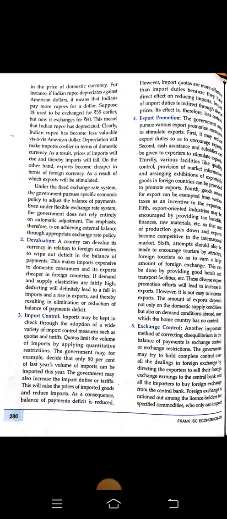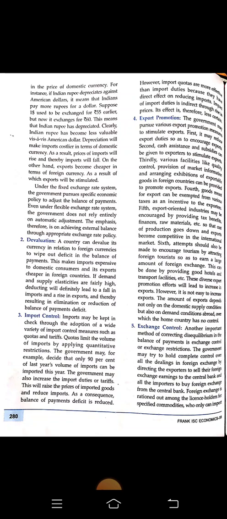Okay, export promotions. The government may pursue various export promotion measures so as to stimulate, that means to increase the export. First, it may reduce the export duties, that is the tax on the export items, so as to encourage exports.